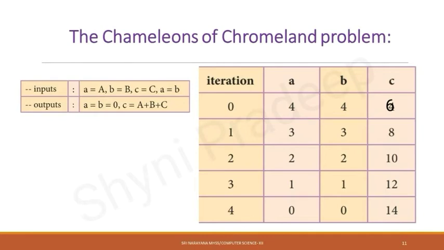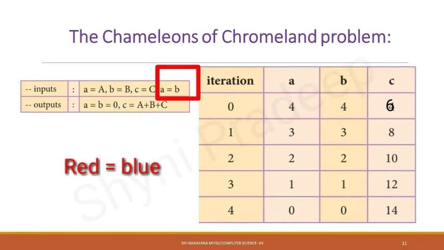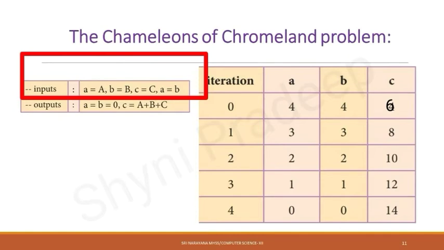And one more input property is there. What is that? I have already told that two types of chameleons are the same in number, so red is equal to blue. So this is also one input property. So write a is equal to A, b is equal to B, c is equal to C, and A is equal to B, because two types of chameleons are the same in number.